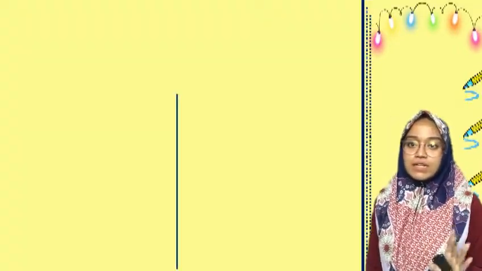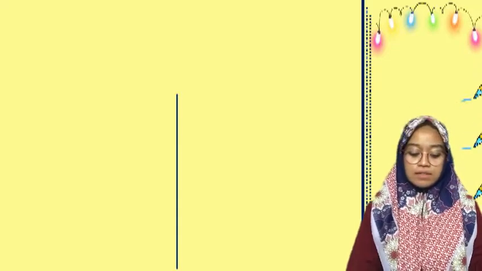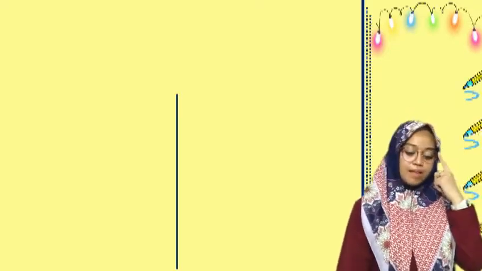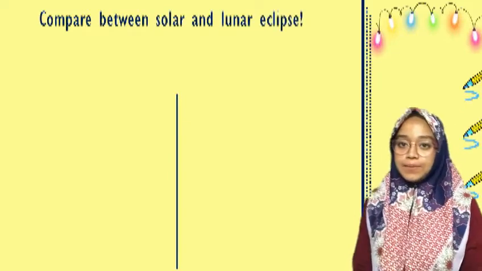All of these materials about solar and lunar eclipses have been explained and learned. So we have a question about these materials. The question is: compare solar and lunar eclipses.